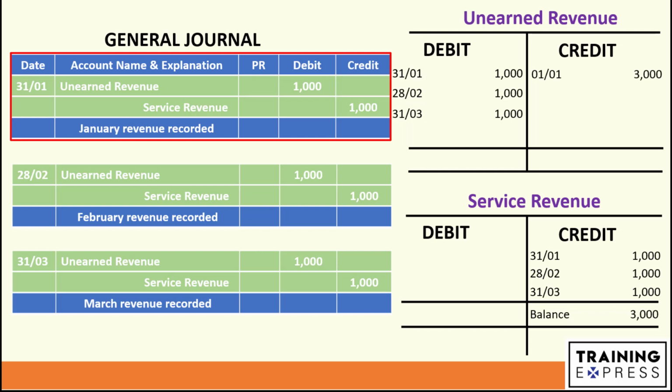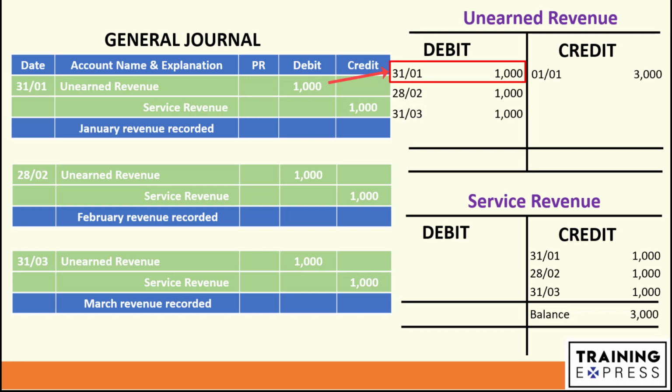In other words, we are decreasing our liability of unearned revenue by $1,000 and we are increasing our revenue by $1,000. Now let's post this journal entry. We will debit unearned revenue by $1,000 and we will credit service revenue by $1,000.